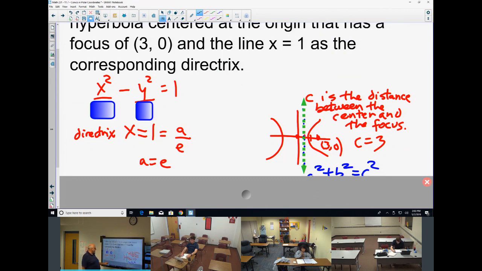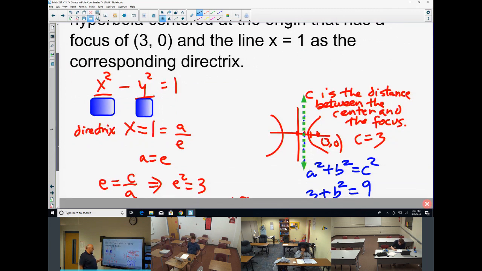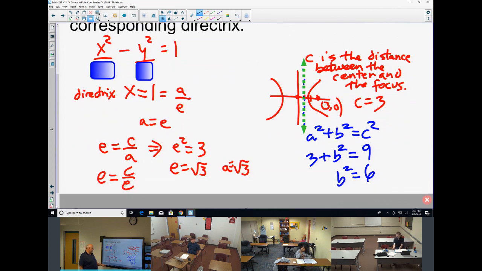And so then I can substitute. If E is equal to C divided by A, and A and E are equal to each other, then I get E is equal to C divided by E. So E squared is equal to C. C is 3, so E squared is 3, so E is equal to the square root of 3, and A is equal to the square root of 3.